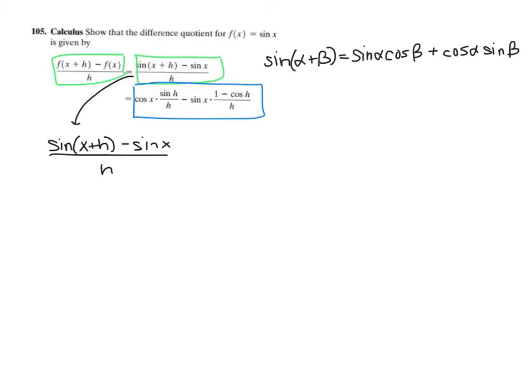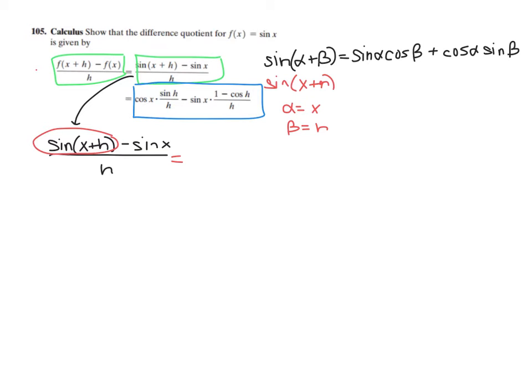And the other thing that we know is if we have sine of x plus h, in that case, my alpha is going to be x, my beta is going to be h. So that entire thing can be rewritten. I'll show you right here. I'll circle this and kind of color code it.